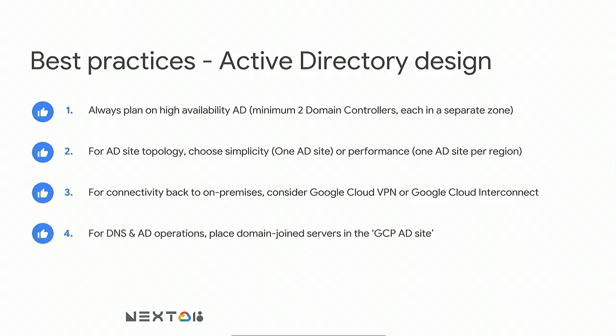Second, when you think about your Active Directory site topology, you have 2 options. One is you can pick a simple option, which is you create a single Active Directory site for all of GCP, and using the power of our multi-regional VPC, you're effectively able to have that work well. It's a quick way to get started. Second, you heard Kenny describe, especially as you move towards more performant applications, to have 1 site per region.